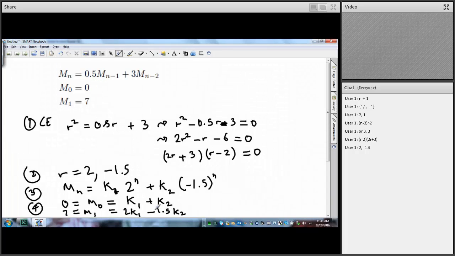So the number of adult mice is some constant, don't know yet, K1, the first solution to the power of n, plus K2, the second solution to the power of n. And it's important to put brackets here. The fact it's a -1.5, when you do the powers, it's going to alternate between positive and negative all the time.